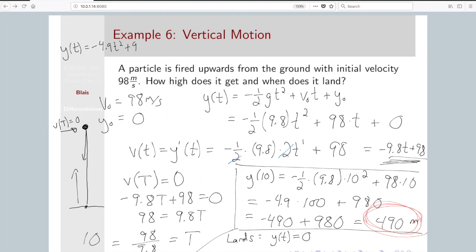plus 98t. And if we set that equal to 0, then we have 98t is 4.9t squared. This does have one root of t equals 0.